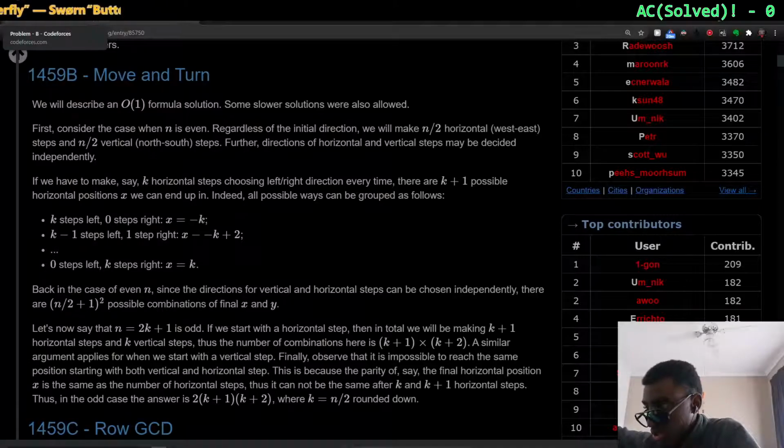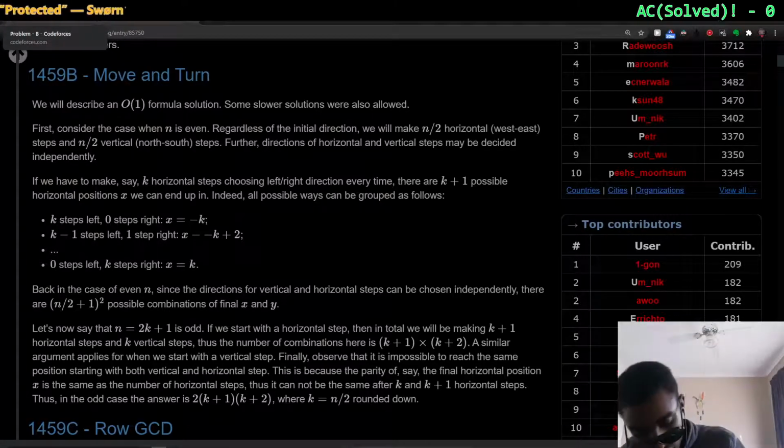And then for 4 divided by 2 plus 1, 9. Okay. So I'm going to test that for 4 quickly, because that's not how I imagined it, and I probably should have tested 4.